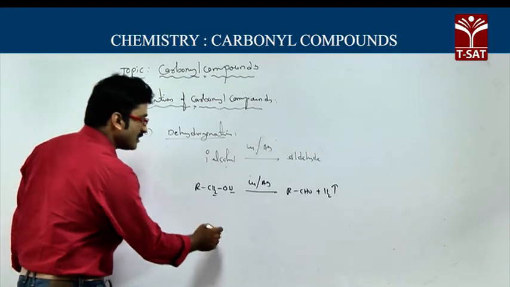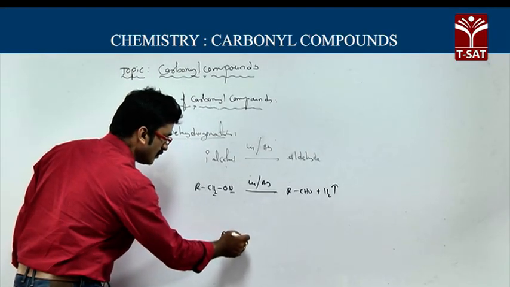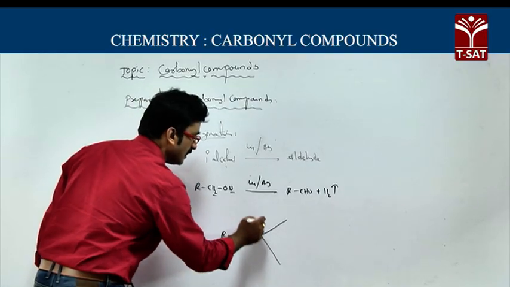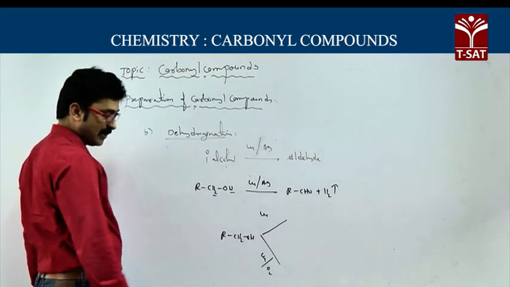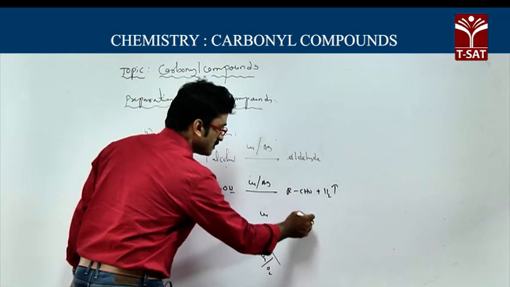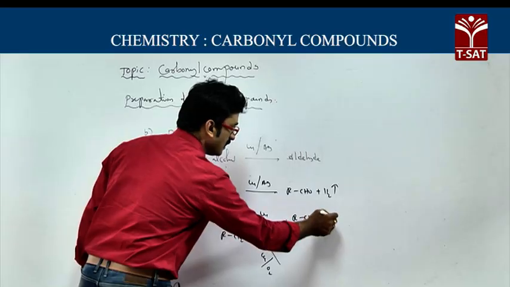Or else, if you write it like this, R-CH2OH with copper, you get R-CHO plus H2.